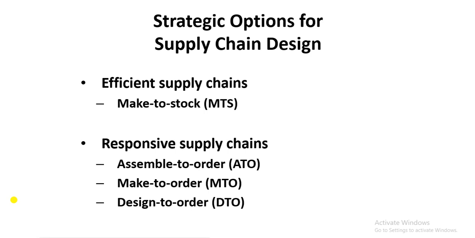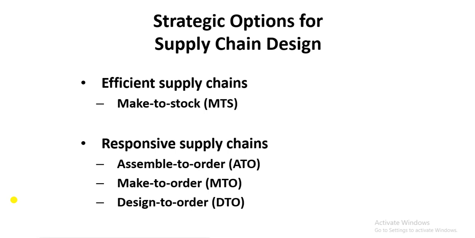This type of supply chain focuses on the competitive priority of the organization, which is low cost production or low cost operations. So in the efficient supply chain, our main objective is to reduce the cost, but at the same time you are achieving your objectives by managing the supply chain performance.